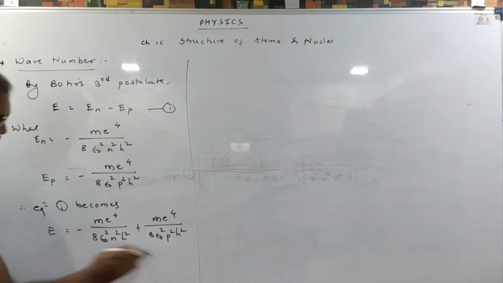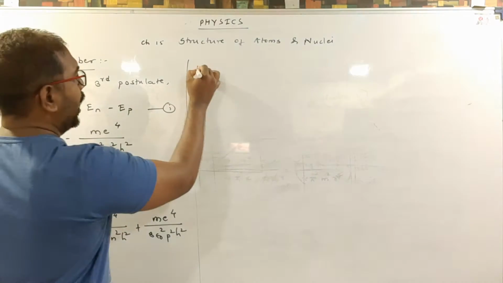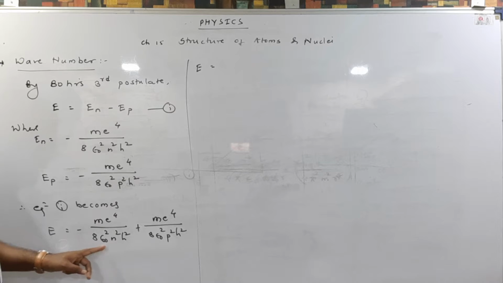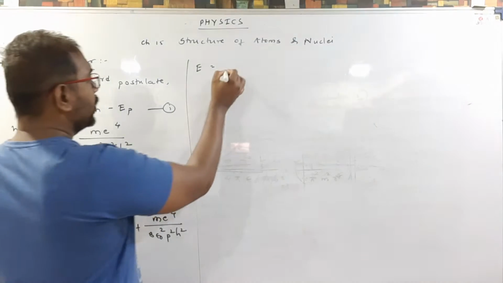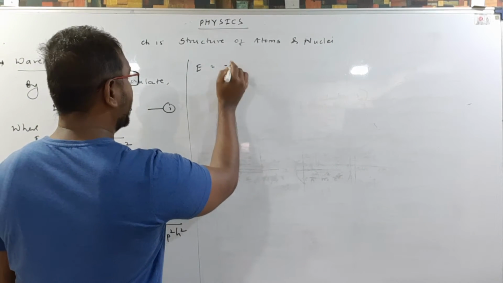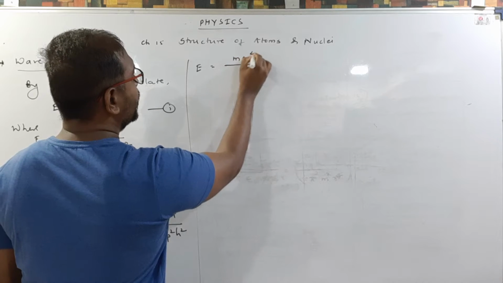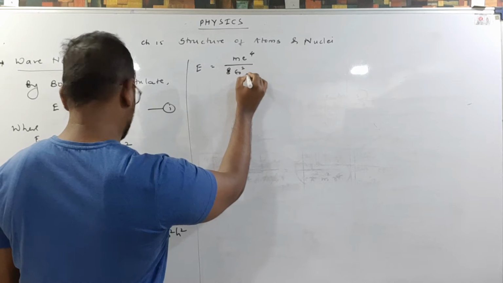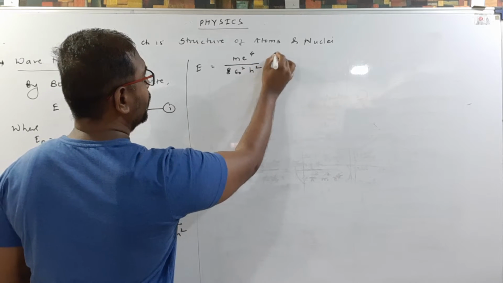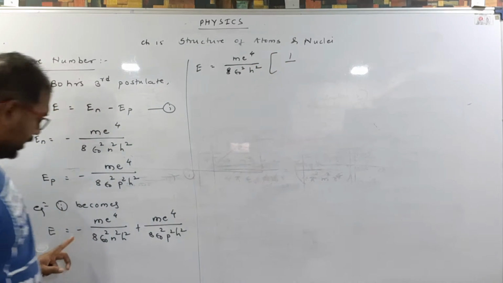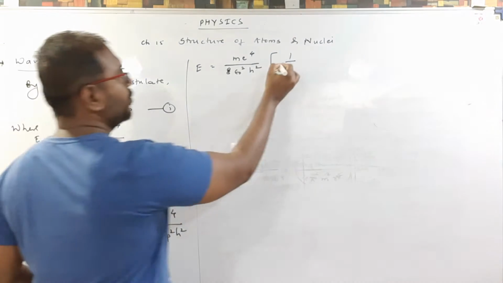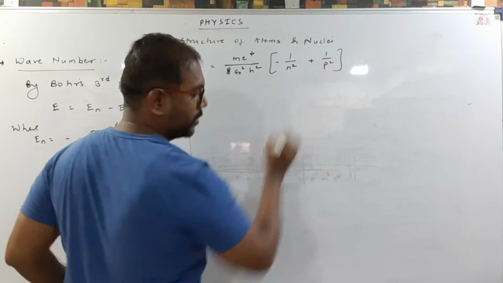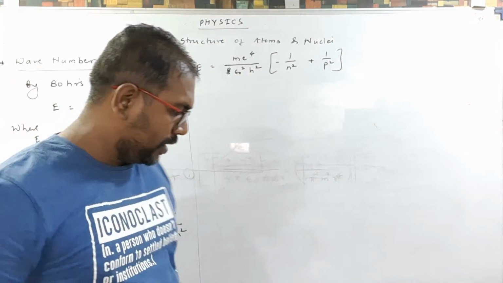Now after that we can take common from these two, and the common terms are me raised to 4, 8 epsilon 0 square and h square. No need to take minus common, so I directly write me raised to 4 divided by 8 epsilon 0 square h square, bracket minus 1 by n square plus 1 by p square. So these are the common terms.